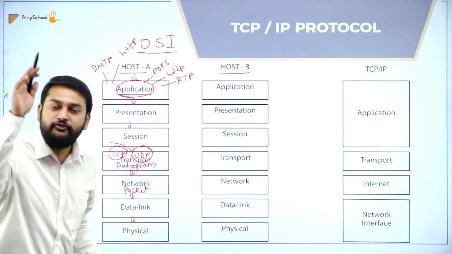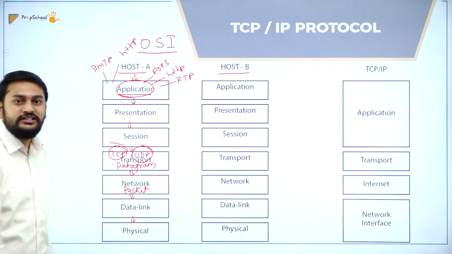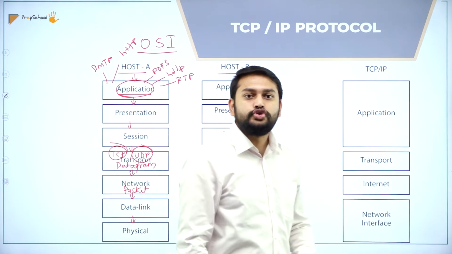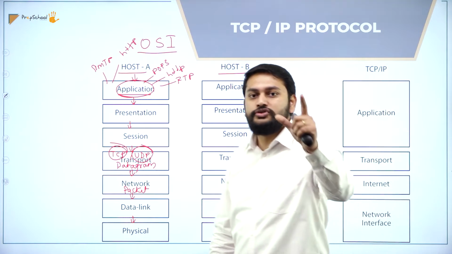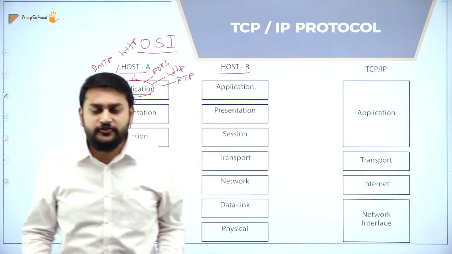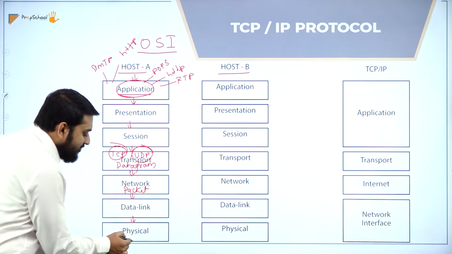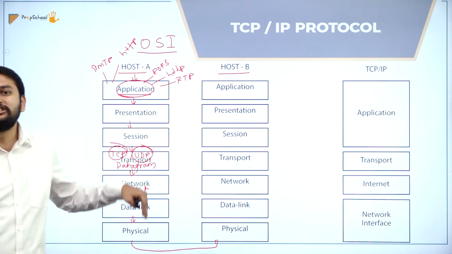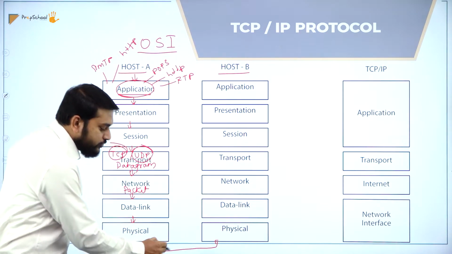Once the frames are created in the data link layer, they are sent to the physical layer. That's the last layer that we have. All the frames are converted into zeros and ones. Those zeros and ones are sent to the next host, host B, with the help of a transmission medium.